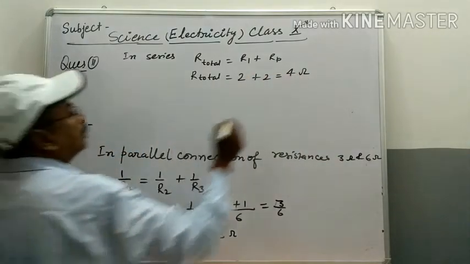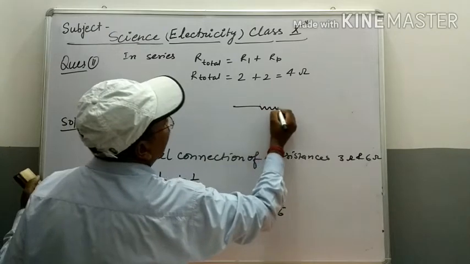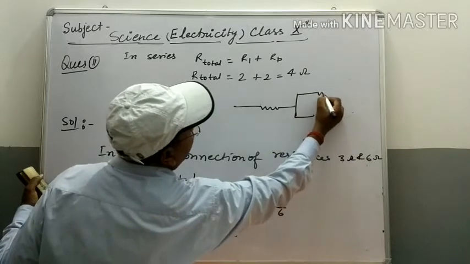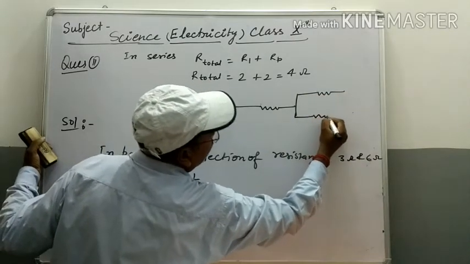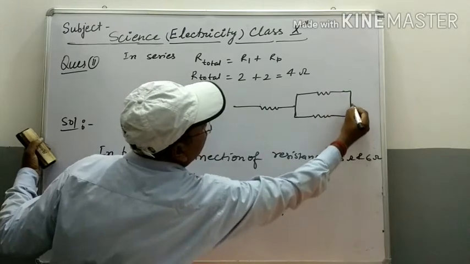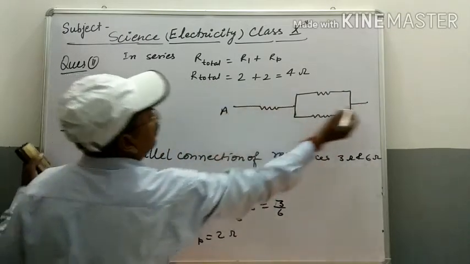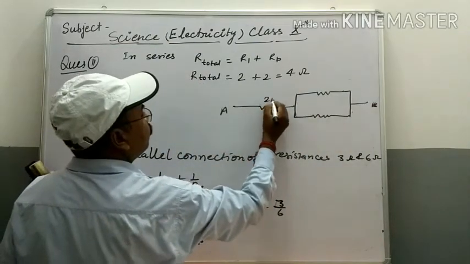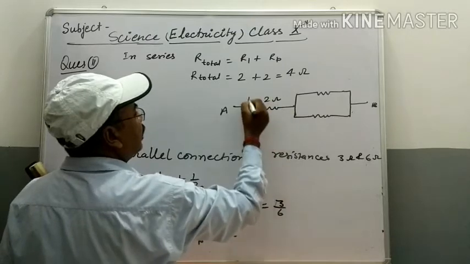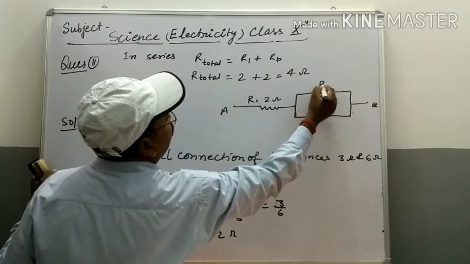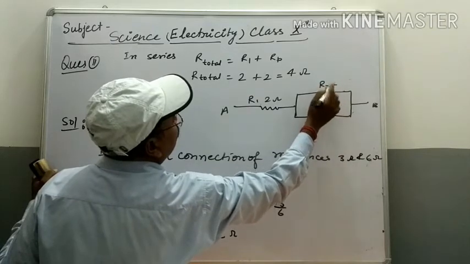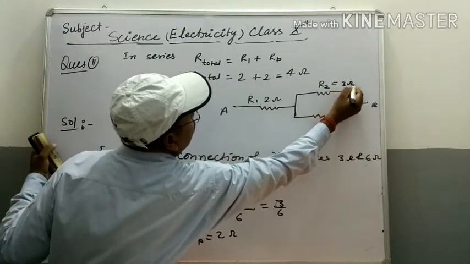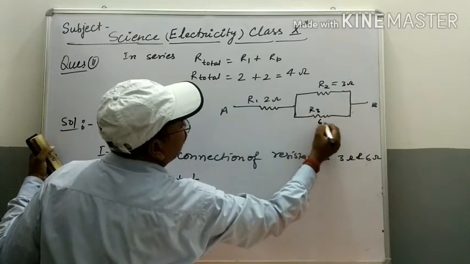Students, just check this with the circuit diagram of the connection of three resistances. Between point A and point B, R1 is 2 ohm, R2 is 3 ohm and R3 is 6 ohm.